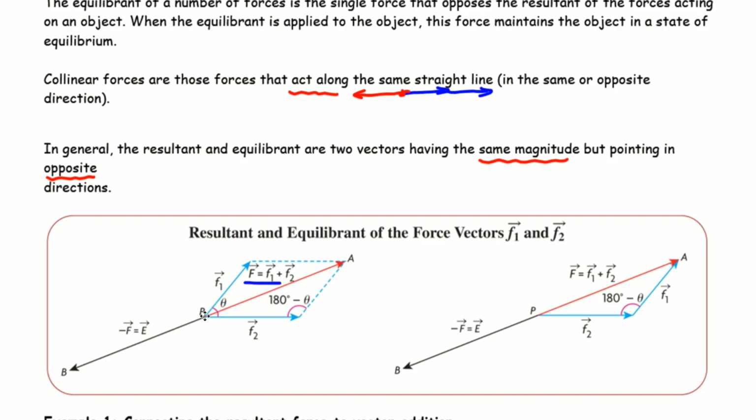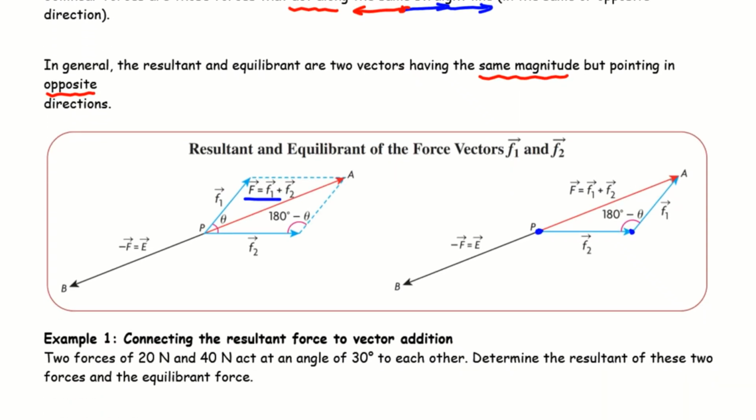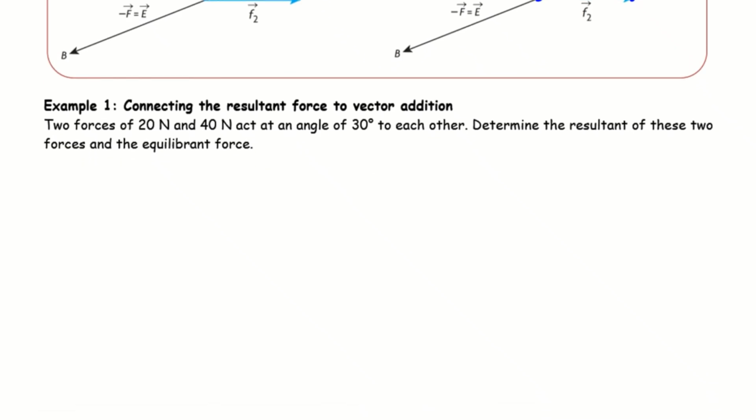And the equilibrant force is just opposite in direction to this force, but equal in magnitude. Another way we can draw it is tail to head, then another vector tail to head. So the first tail to the last head is our resultant force, and the equilibrant force is just opposite to the resultant force.